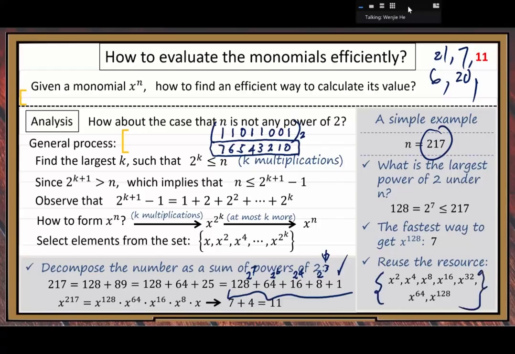So this idea, although this is a simple example, in your future, in your mind, you should have this idea: when you can reuse the resource, you can save your computation operations and improve your efficiency.